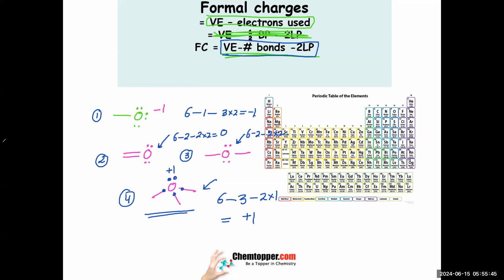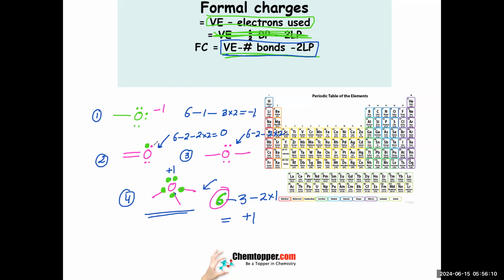Or you can do it like this. You count the electrons. Oxygen has 6 valence electrons. I'm showing you oxygen electrons here: 1, 2, 3, 4, 5. So out of 6, it has used only 5. So the formal charge is +1. Check here.